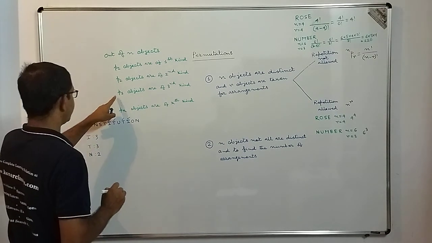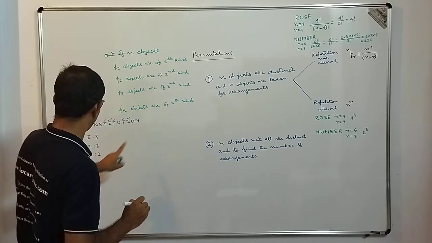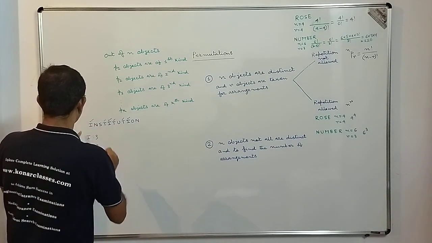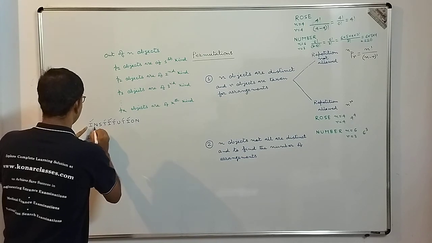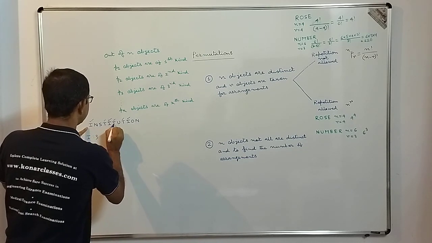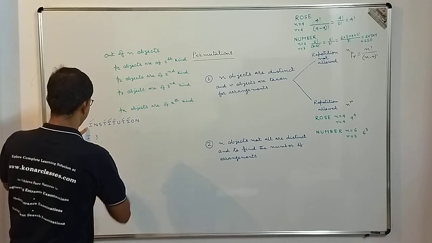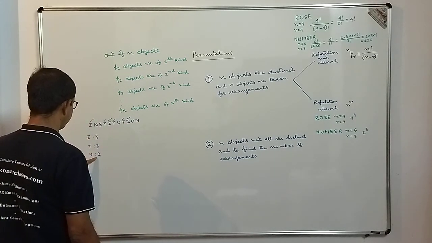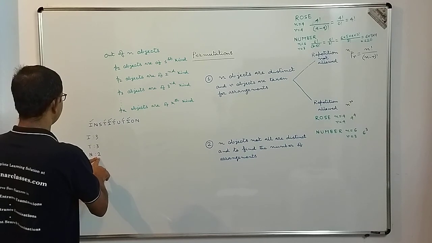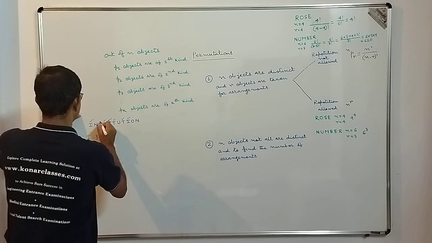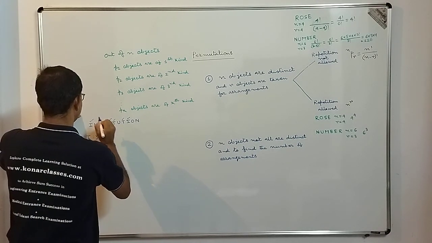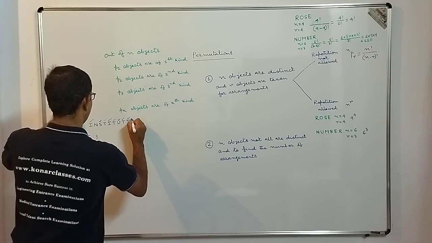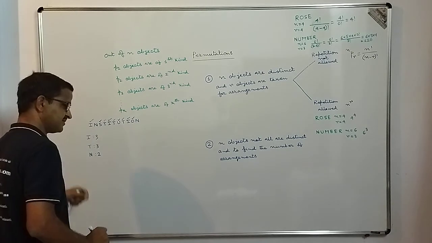That means there are 2 objects of third kind, the N kind, because there are 2 N's. And in total how many letters are there? 1, 2, 3, 4, 5, 6, 7, 8, 9, 10, 11. Out of this 11, there are 3, 3, 2 making 8. Then there are 3 that are distinct: S is only 1, U is only 1, and O is only 1. Rest all are distinct. Okay.